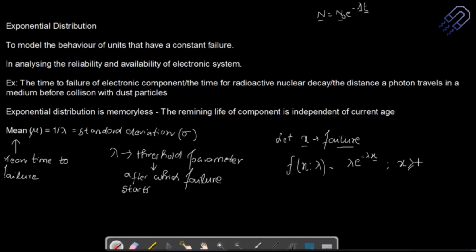And this x will be greater than or equal to 0, and this will be 0 if x is less than 0. So this x value has to be positive, it has to move only in the positive direction, not in the negative direction, and that is the distribution. Okay. So what we will do is, we will stop here with the exponential distribution.